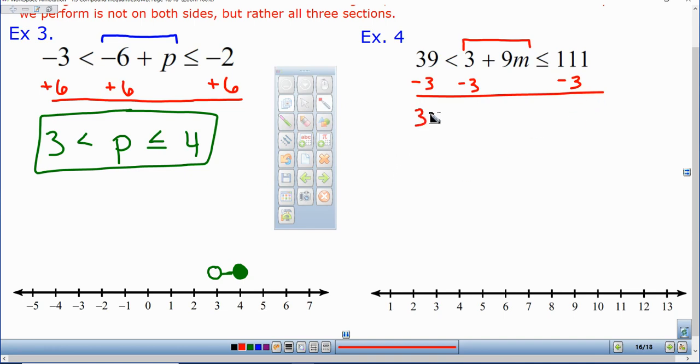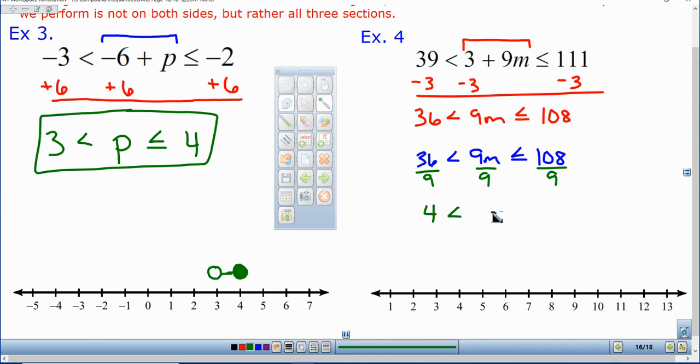You'll get 36 is less than, 3's go away, 9m is less than or equal to 108. Now I need to get the m by itself, which means I need to get rid of the 9. And I would do that by division. Divide by 9, divide by 9, divide by 9. You will get 4 is less than m, which is less than or equal to 12.